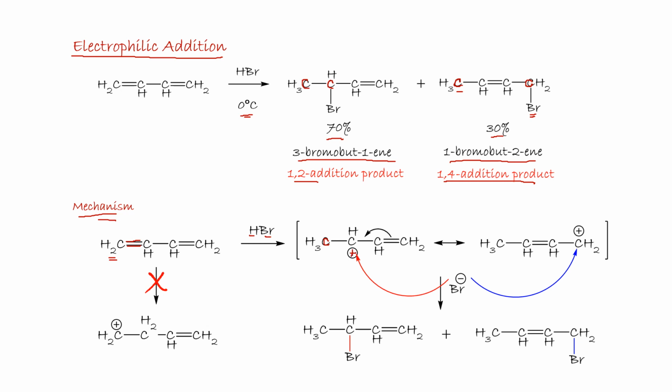Because this is an allylic carbocation, a resonance structure will be established. Then Br minus can attack with the red arrow to this carbon, or the blue arrow to this carbon, forming the products in 70 to 30%.